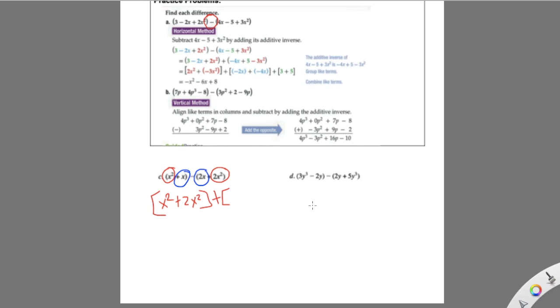I've already skipped over and totally forgot to apply the negative sign there, didn't I? So I need to distribute that negative sign so that that plus makes sense. So this should not be a plus anymore. It should be a negative. Sorry, I know I'm scribbling that out. It looks a little ugly, but it's x squared minus 2x squared.